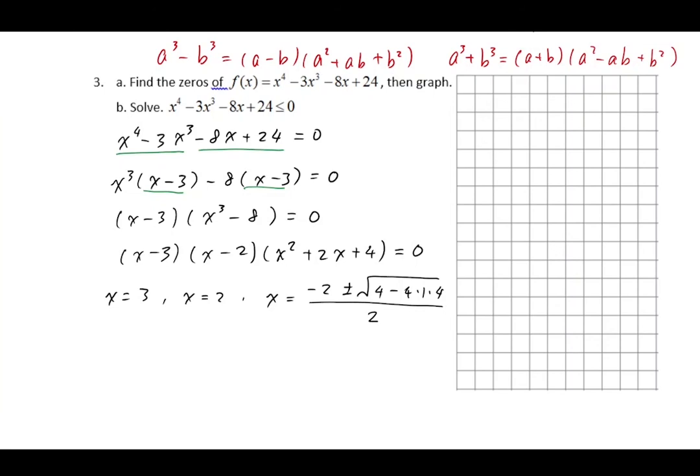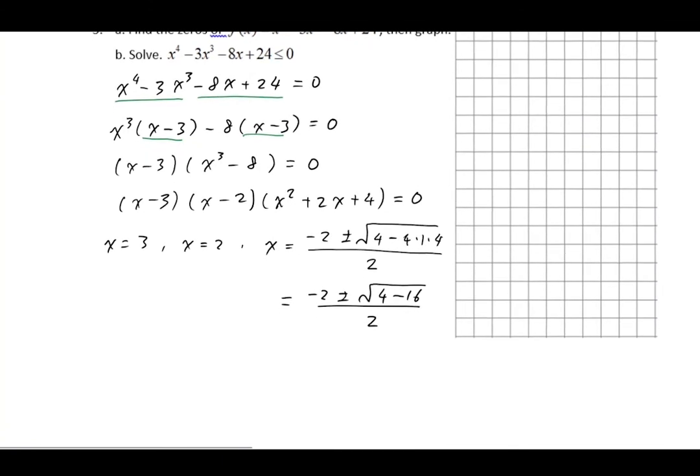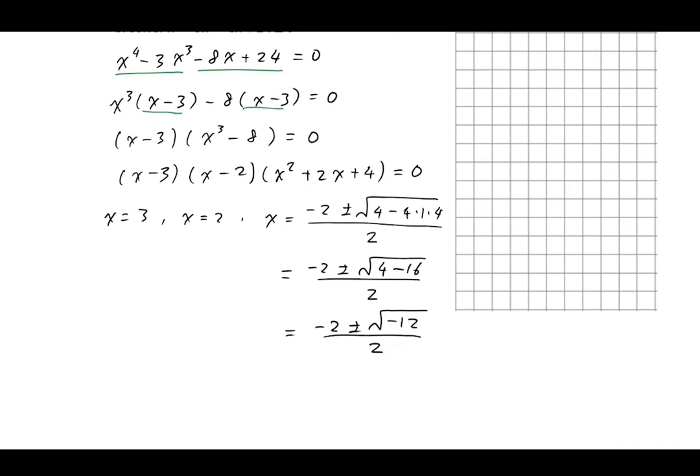Okay, now that turns out to be negative 2 plus or minus, that's 4 minus 16, isn't it? We are looking at complex numbers, and hopefully you still remember complex numbers. Okay, unless we have to simplify that.